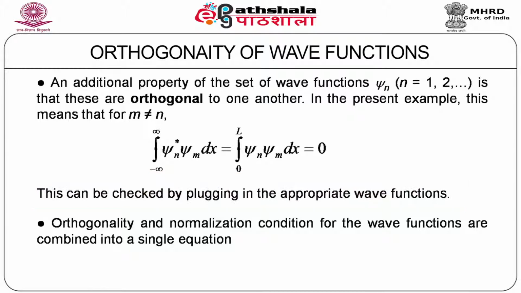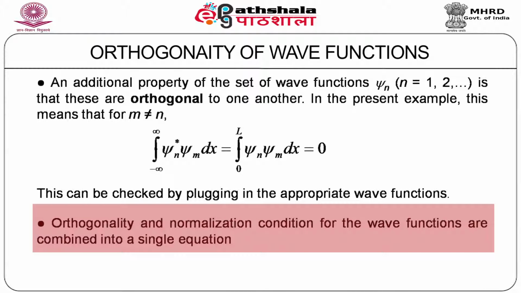You can check this by putting in the appropriate wave functions. If you put n equal to 1 and m equal to 2, for example, then this becomes equal to 0. So you can satisfy yourself by putting in different wave functions that this condition is satisfied. But if you put the same wave function, then this will give you the normalization condition.